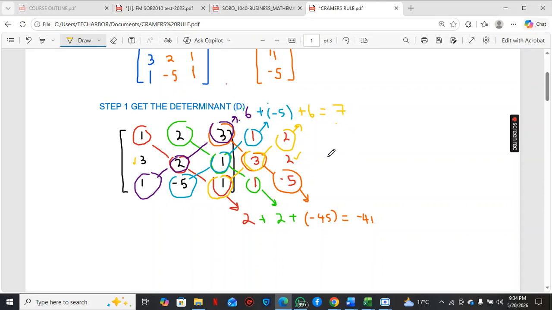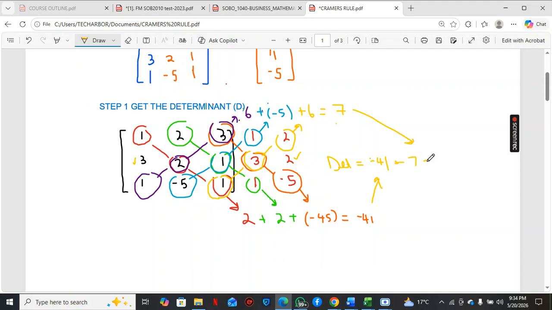To get our determinant D, you're going to say -41. Always bring the number at the bottom first. -41 minus 7.